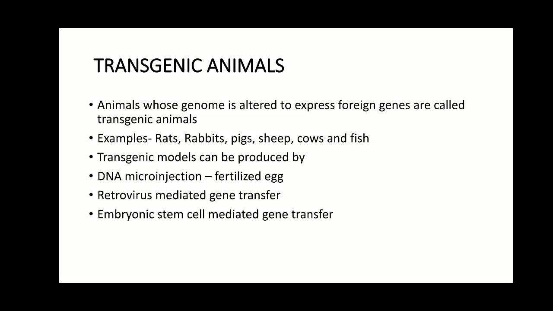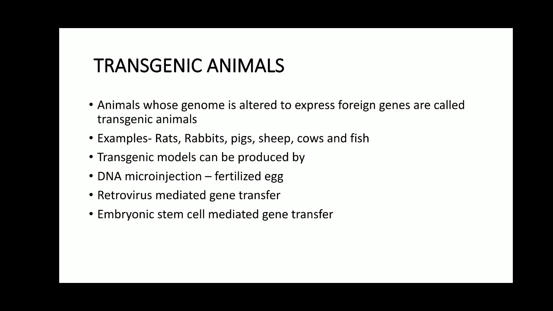For that purpose, this foreign gene must be inserted in the embryonic stem cells, okay, using a gene knockout method. That is going to help the whole organism completely contain the foreign gene in its genomic DNA. So these are the three types or three ways to create the transgenic animals.